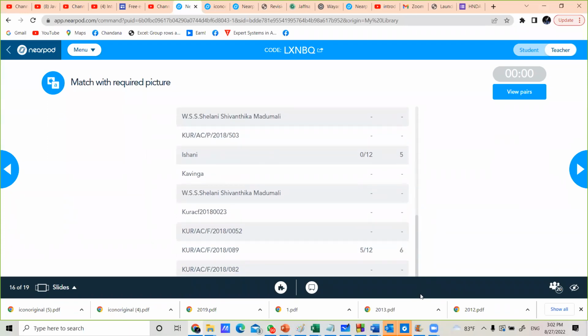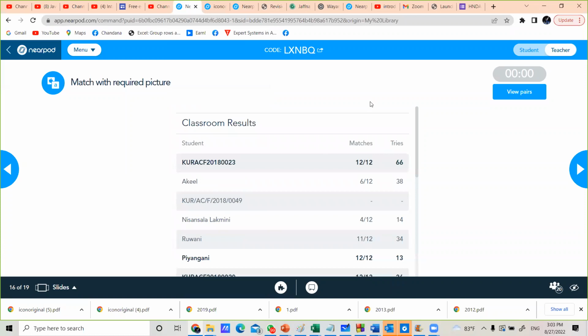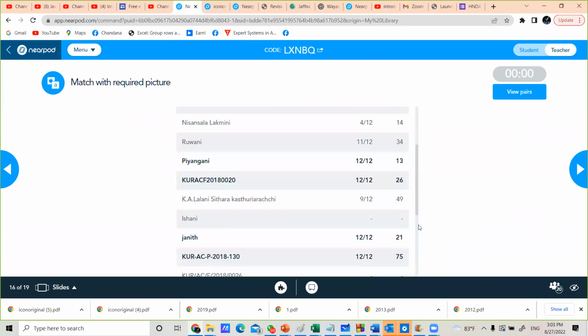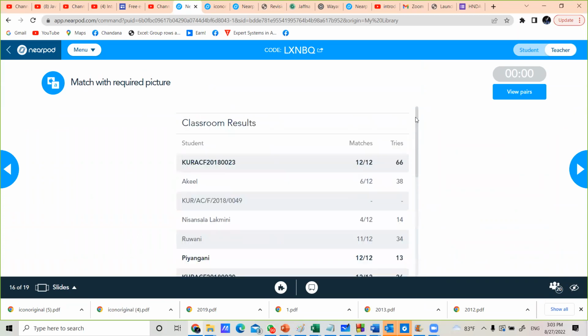Then in the other group, 049 got full marks with 27 tries. Then Madhu and Ishani also got the 12 marks by spending 30 and 28 tries. Okay, good. However, to improve the number of students doing the activity, try to do the others also.